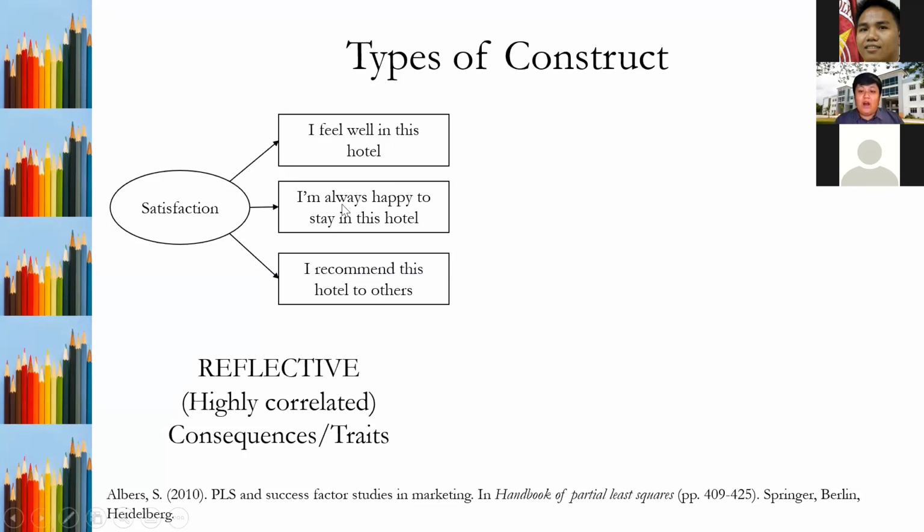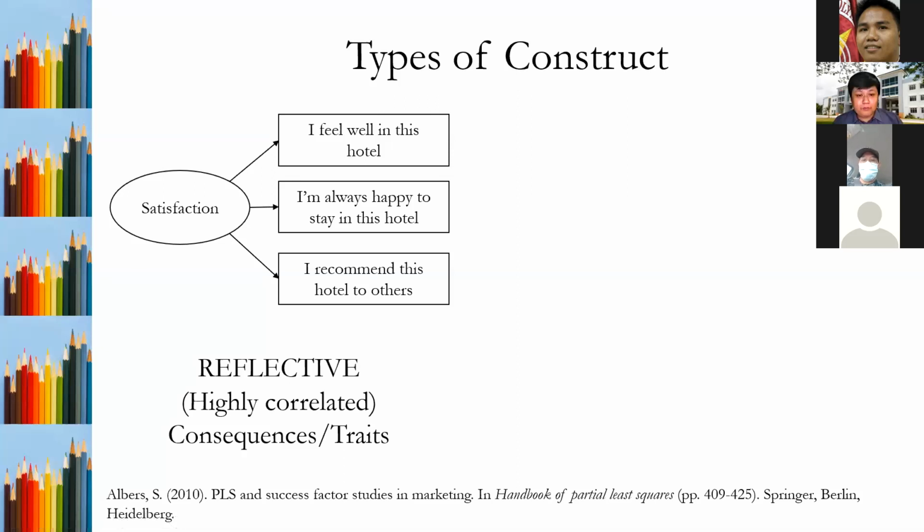Why? Because items 1 and 2 are highly correlated. It means they are almost the same. If you feel well in the hotel, most probably you will be happy staying in that hotel. So these 2 items are highly correlated. Another thing, the third one, I recommend this hotel to others. What would be the possible answer of respondent 1 for item 3?